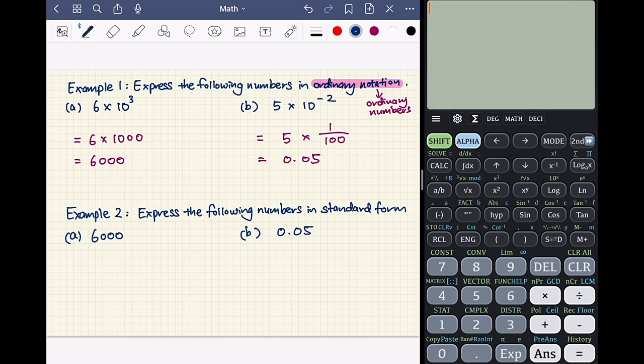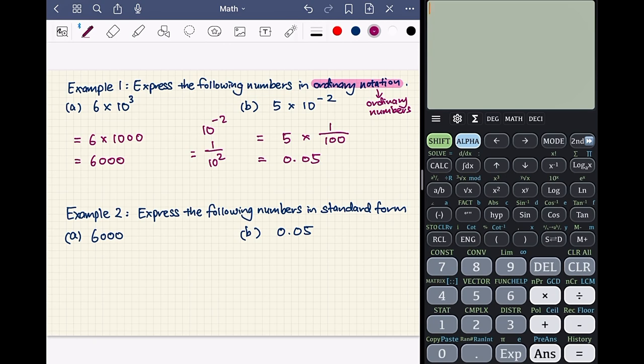In part B, we have 5 times 10 to the power of -2. Recall that 10 power -2 is the same as 1 over 10 to the power of 2. That's applying the concept of negative indices. And so therefore we have 5 times 1 over 100. Another way of looking at negative powers of 10 is that we are looking at how many times we divide by 10.